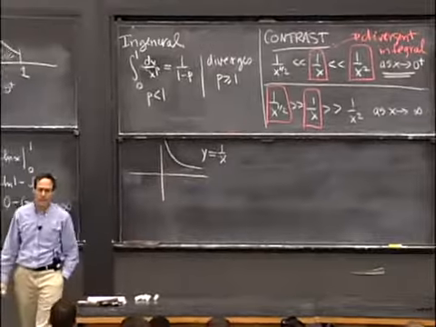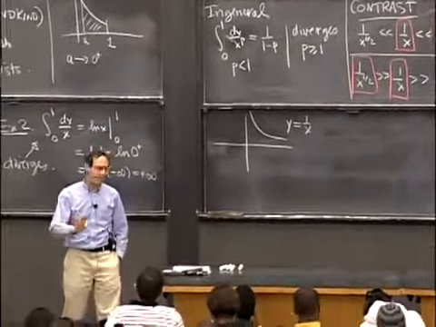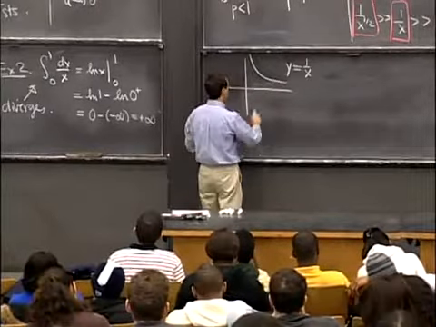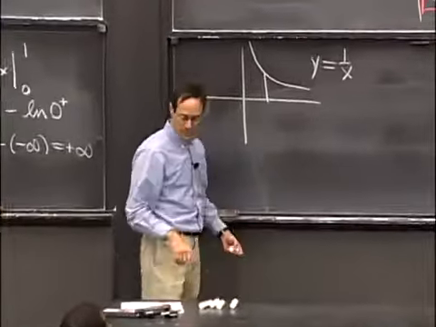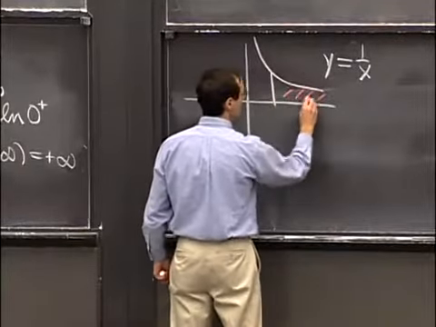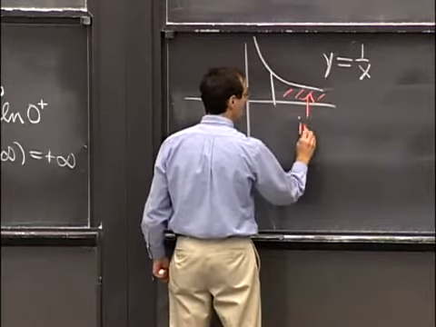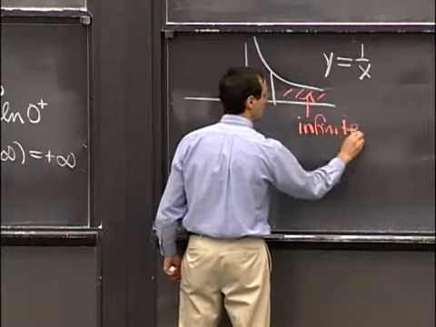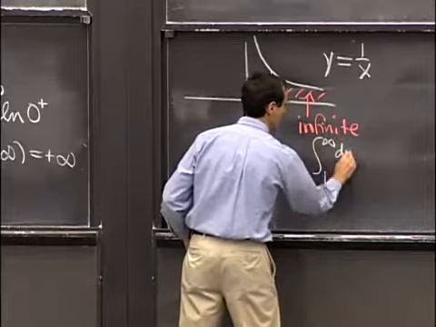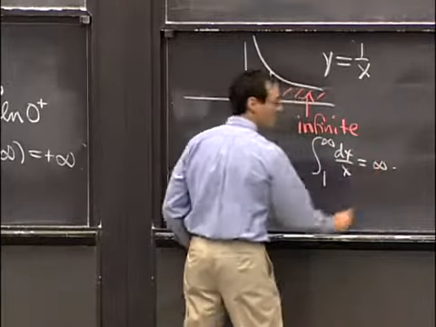That's y equals 1 over x. And that picture is very balanced. It's symmetric on the two ends. If I cut it in half, then what I get here is 2 halves, and this one has infinite area. So that corresponds to the integral from 1 to infinity dx over x being infinite.